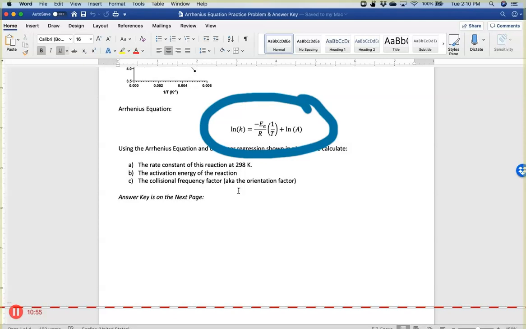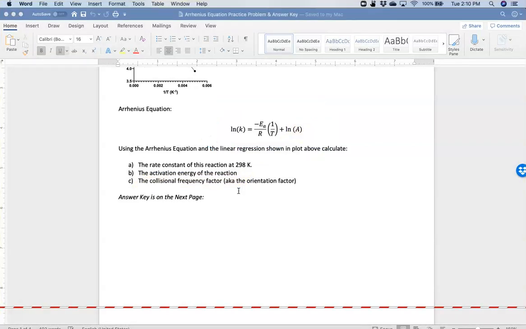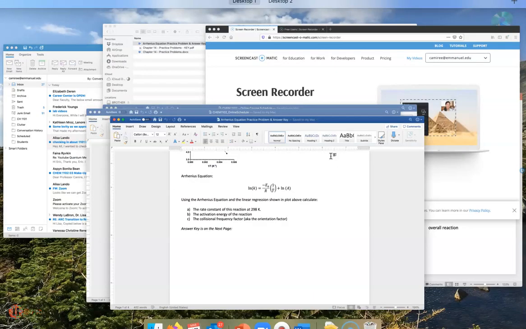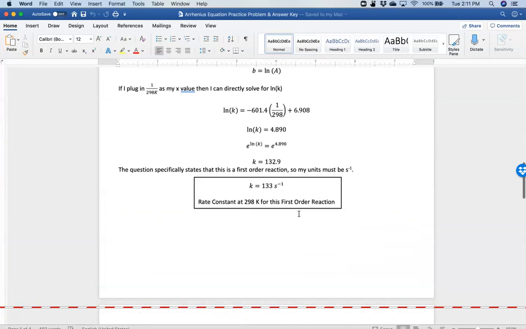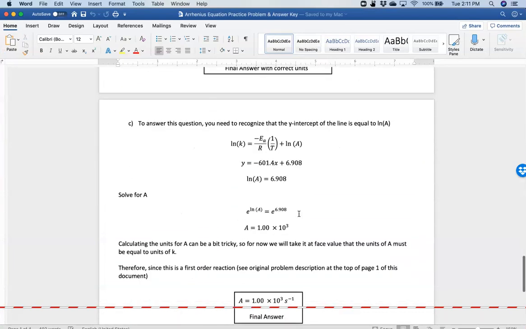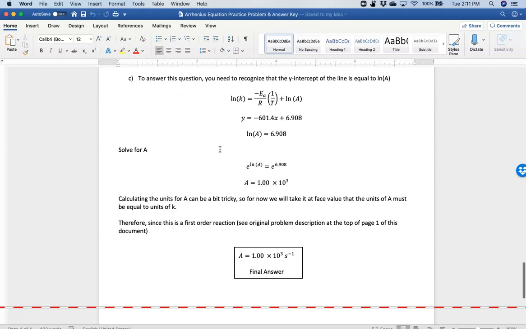I am looking specifically for the collisional frequency factor, which is here, A. So let's set up our problem so we can solve directly for A. Oops, hit 3 fingers instead of 2. So we go down here. Again, we start with our Arrhenius equation, and remind myself what I'm trying to solve for: A. That's what I'm trying to get to.